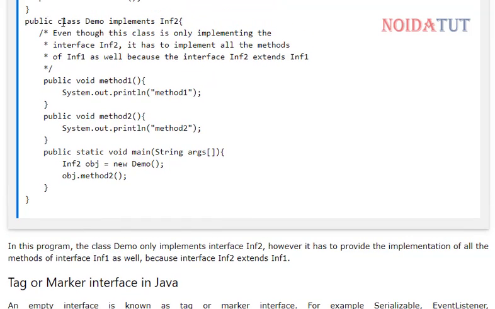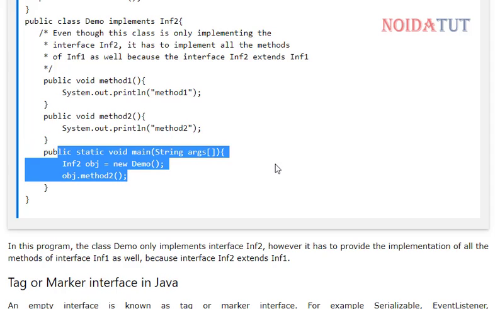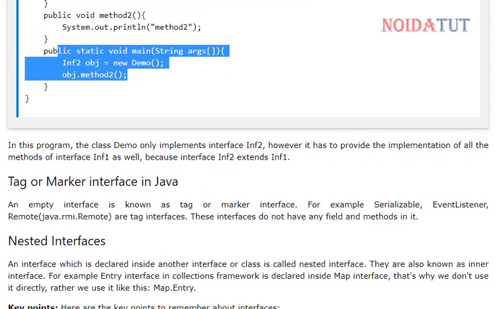Now you can see that we have another class which is implementing the interface that we have defined. Even though this class is only implementing the interface INF2, it has to implement all the methods of INF1 as well, because the interface INF2 extends INF1. So we have defined all the functions, created the object, and now we can use the functions.